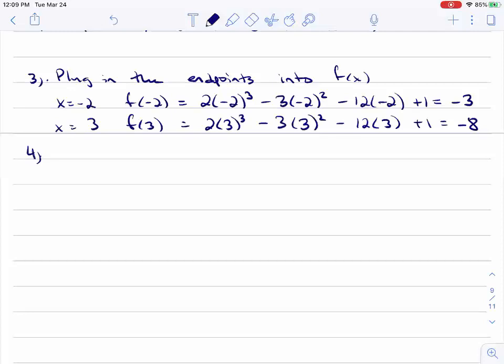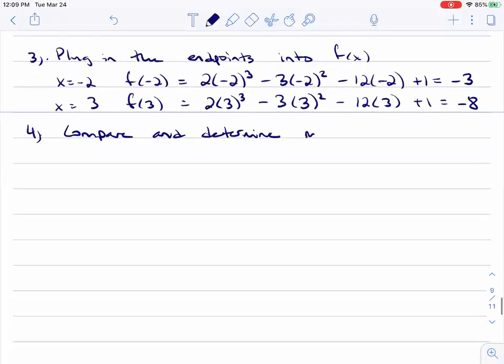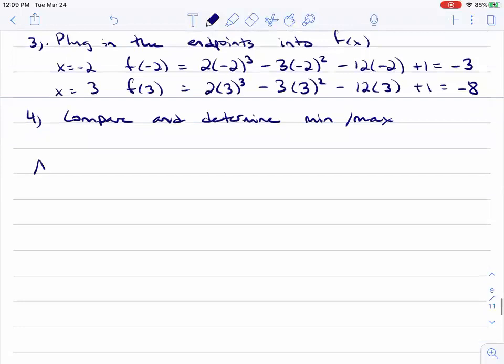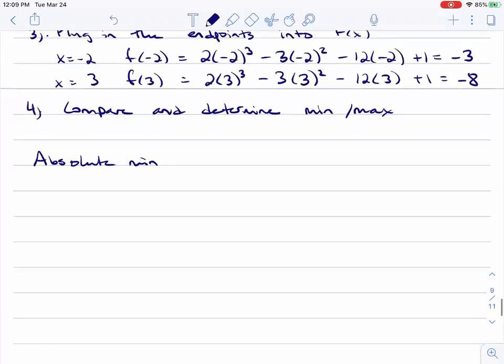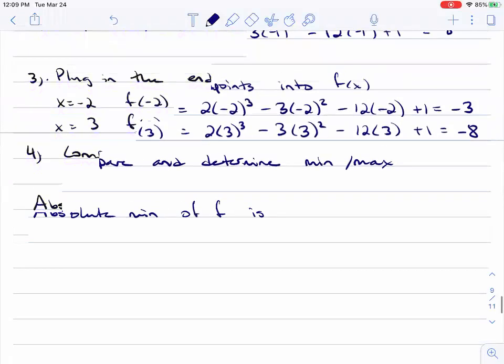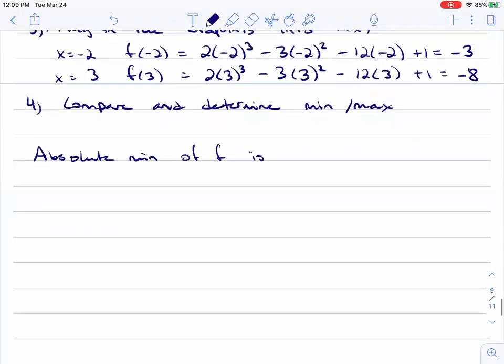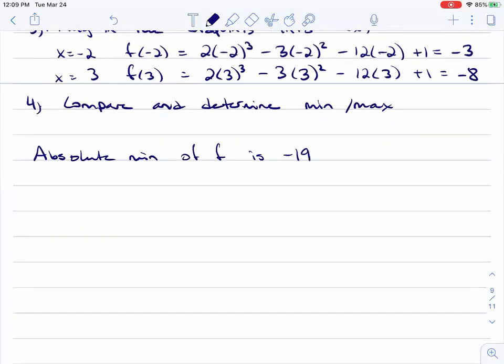And so the fourth step, because I'm on a new page here, compare and determine the minimum and the maximum. So what we've got is the absolute min of f is -19 at x equals 2.